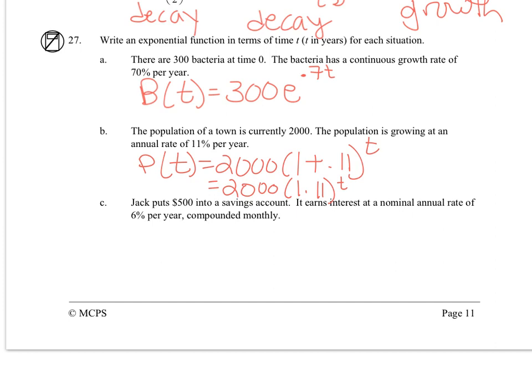Now for C, it's compounded monthly. So his money, he puts $500 in, change your percent to a decimal, 12 months in a year, and the exponent is 12t.